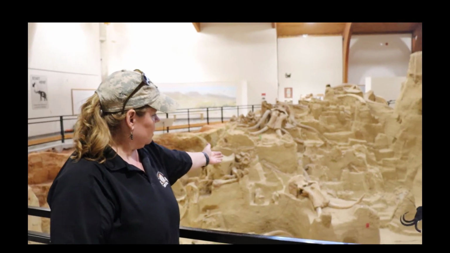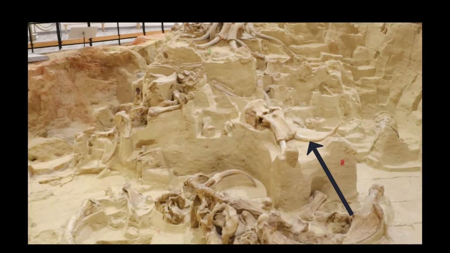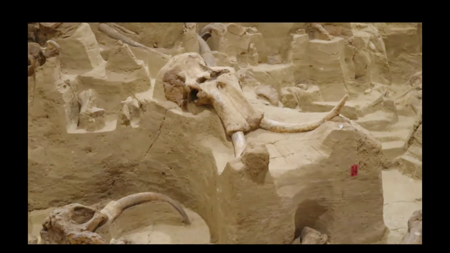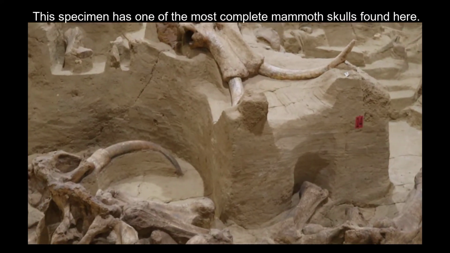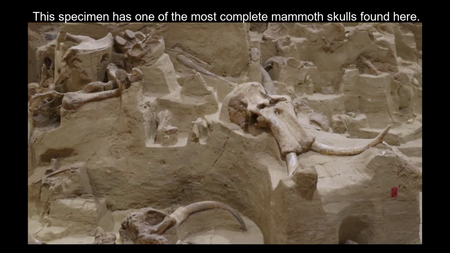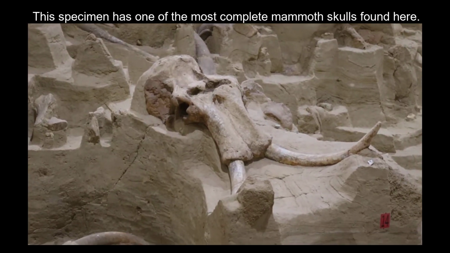So I'm going to have you look at our lovely Napoleon, which is marked as number 14. Kind of sits about maybe 7 to 10 feet above the base of the bone bed. And I want you to look at his tusk, and he's one of the best complete skulls that's found here at the Mammoth site in Hot Springs.